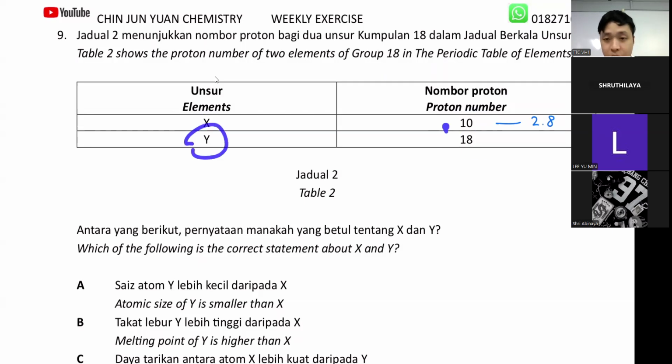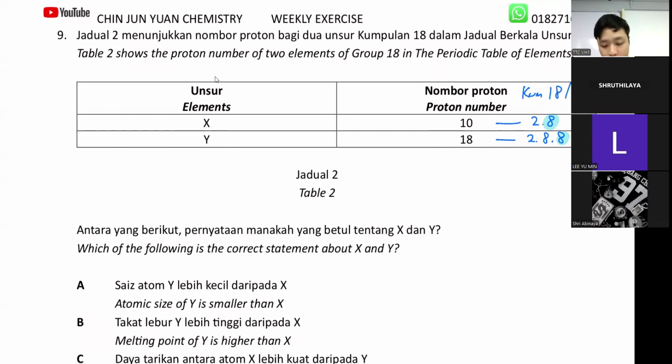If Y is 18, it means 2.8.8. Remember, first shell maximum 2 electrons, second and third shell maximum 8 electrons. So what is the group of this element? This is group 18 elements.